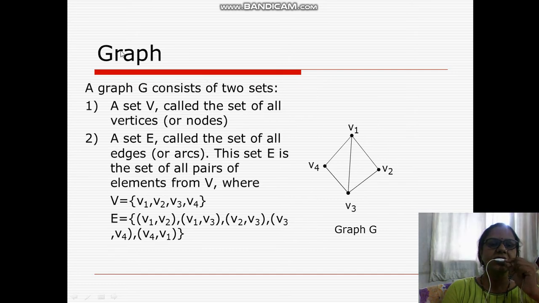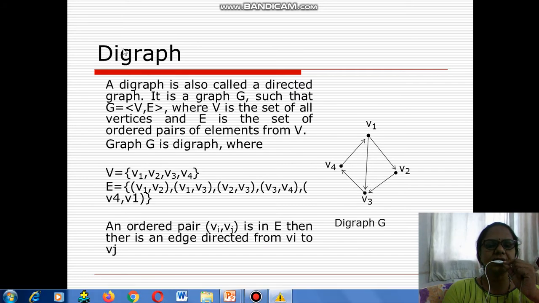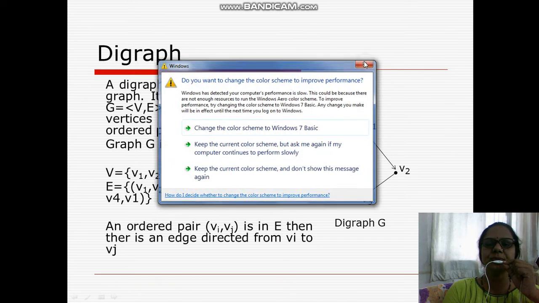In case of a simple graph, this is an undirected graph. In an undirected graph, you can write V1 to V2 or V2 to V1. There is no difference, because this graph is undirected. But when we talk about the directed graph, we need to specify the direction.